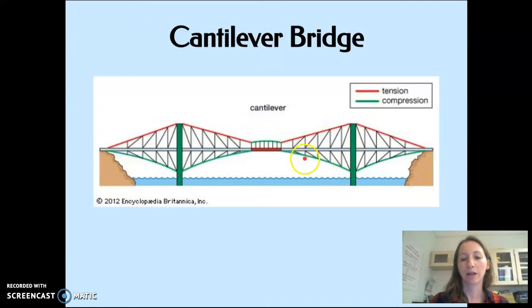As it's pressing down, it's going to be compressing these beams below, creating compression. So you end up with compression and tension, they balance each other out, and they both provide support when you place the actual span in the middle. It provides support for that bridge. So make sure you draw that diagram. And you're welcome to use different colors to represent tension and compression. It's kind of helpful.